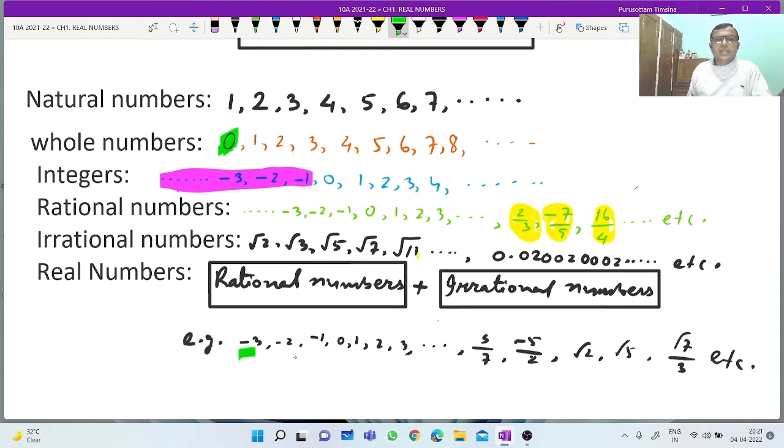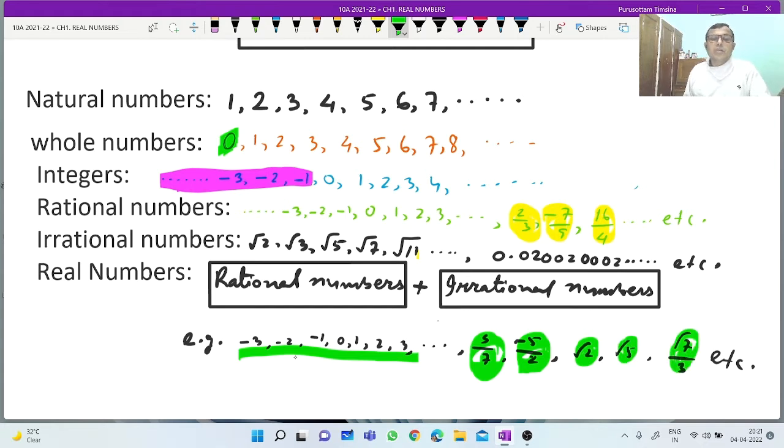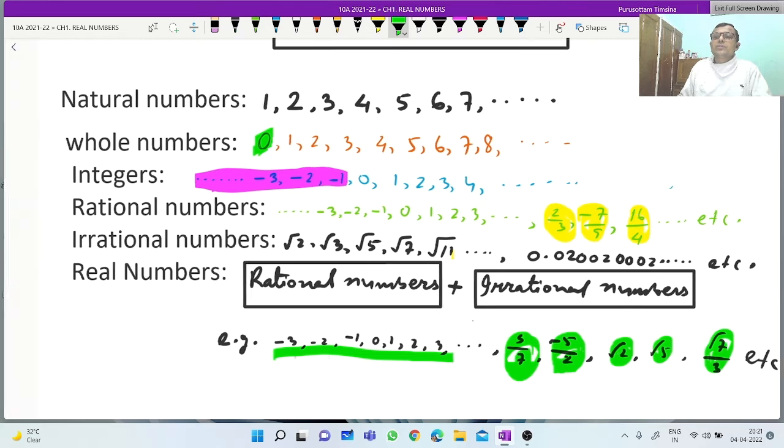Real numbers include natural numbers, whole numbers, integers, rationals, irrational numbers, all. All the numbers we have learned till today together are called real numbers. Is that clear?